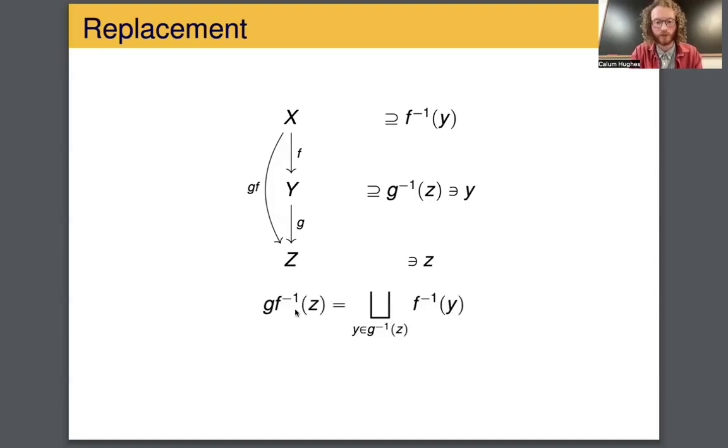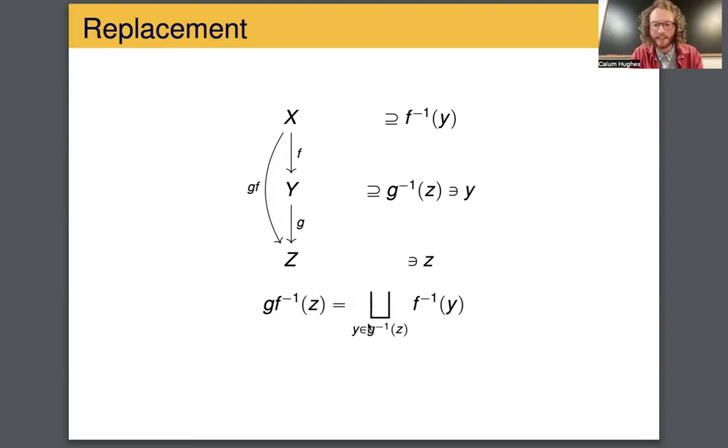And so to do a quick calculation, the fiber of GF above z is this co-product here. So we first look at the preimage under G, and then we look at all y's in here and look at the preimage under F, and disjoint union these, and this is the preimage under GF.